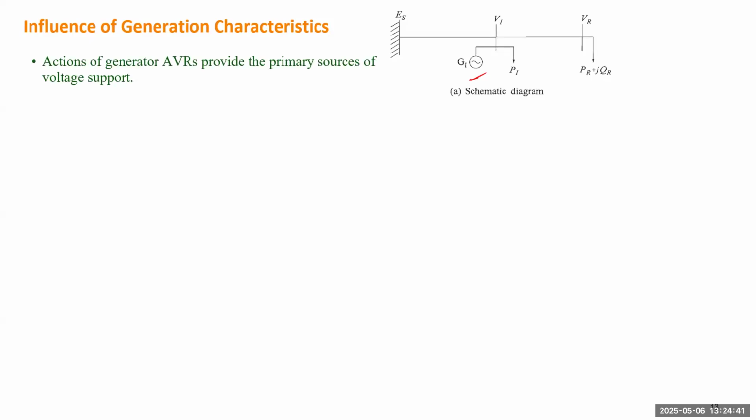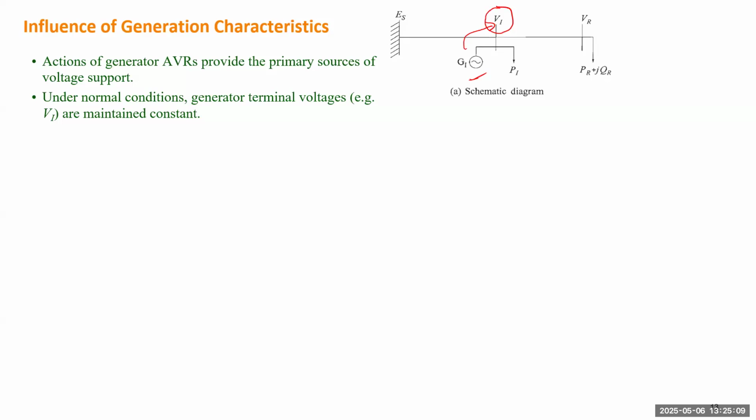We can also use the PV curve and VQ curve to study the control. The action of the generator AVR, the automatic voltage regulator, will provide some reactive power to support the voltage. Under normal condition, the generator terminal voltage is maintained constant. If the AVR is trying to maintain this voltage, it will be treated as constant voltage, so when you draw the PV curve, you can use this voltage as a source. The generator AVR control will make this bus behave like a constant voltage source.